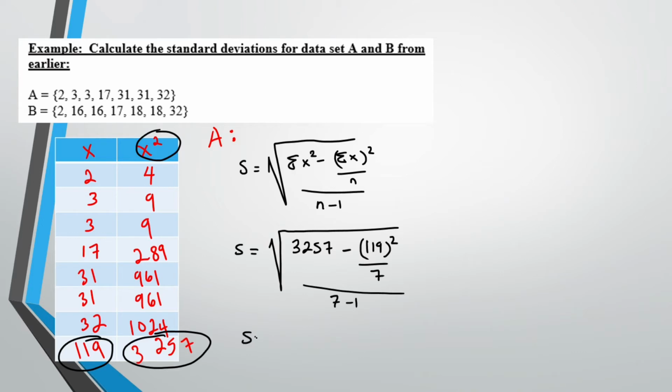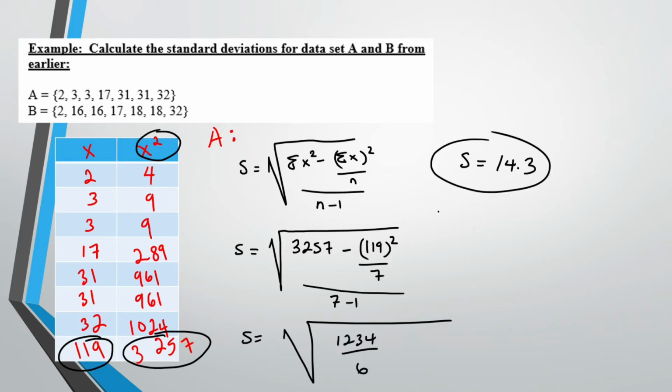So S is equal now to the square root of 1, 2, 3, 4 divided by 6, and this simplifies to a standard deviation of 14.3. So we have the standard deviation is 14.3.